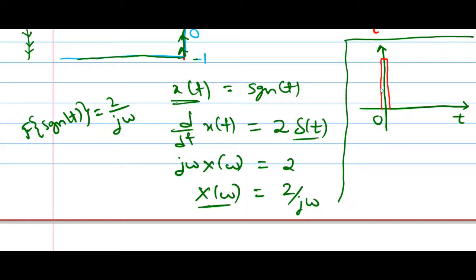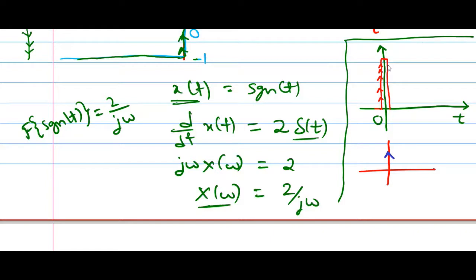So what will happen if I differentiate this? Now you can see that it is discontinuous, and here it is going in the upward direction. If I differentiate this, I will get one positive impulse like this.